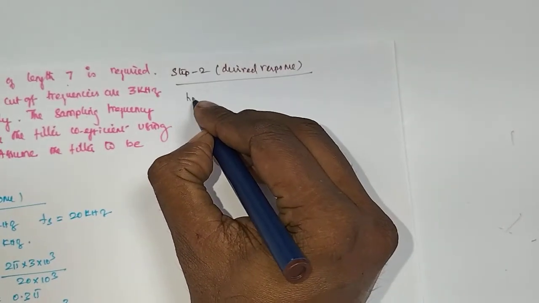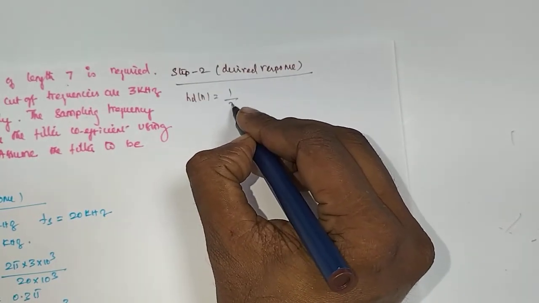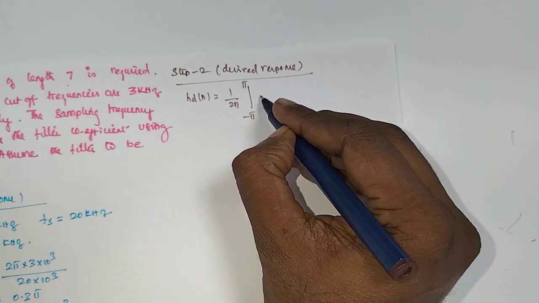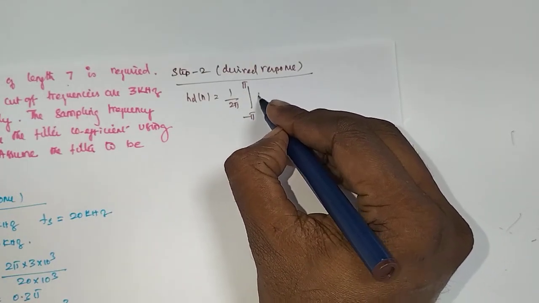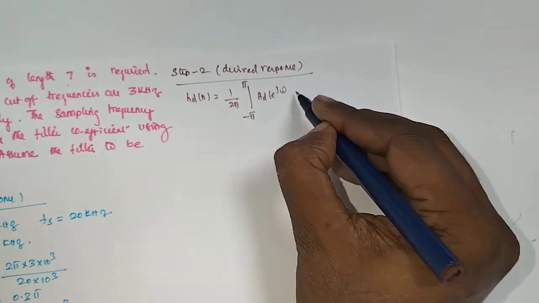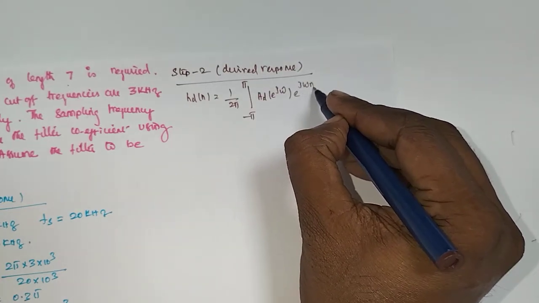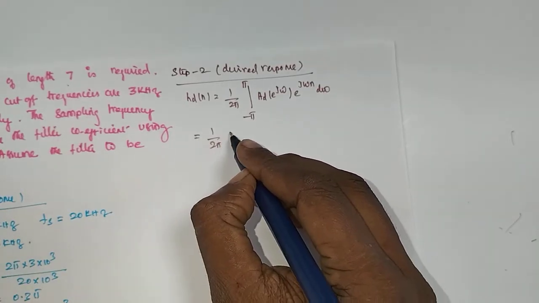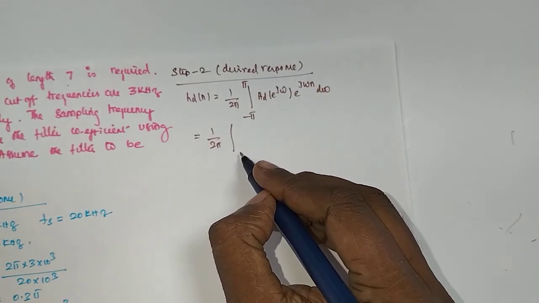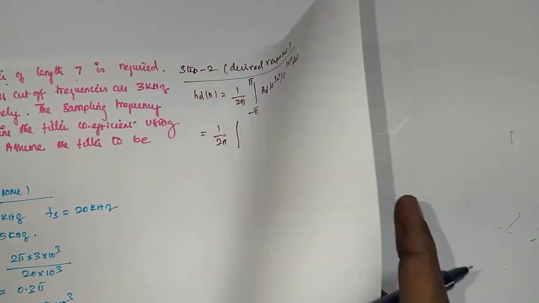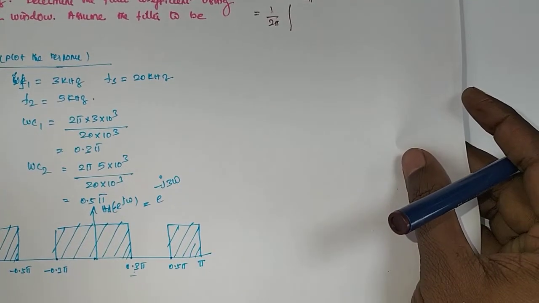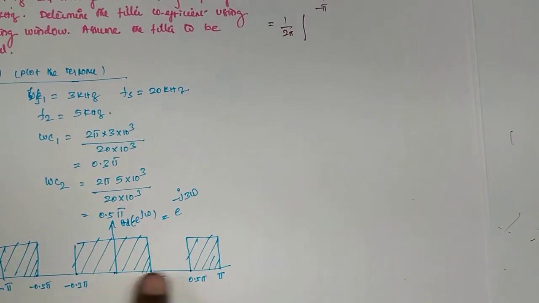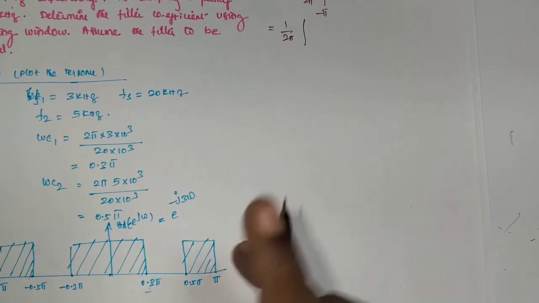So the desired response HD of n is equal to 1 by 2 pi integral from minus pi to plus pi of HD of e power j omega into e power j omega n d omega. From the plot, the response is the addition of a low pass filter and a high pass filter.